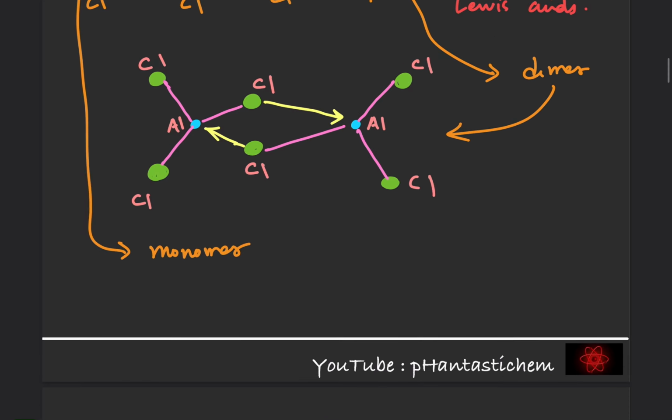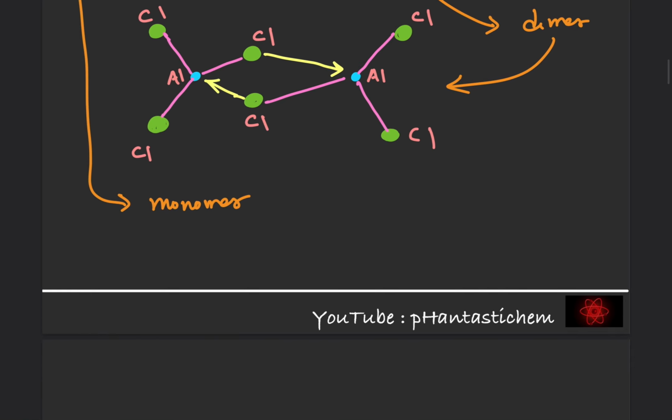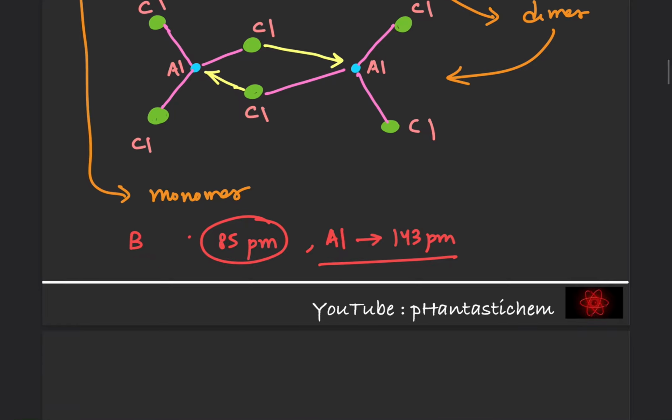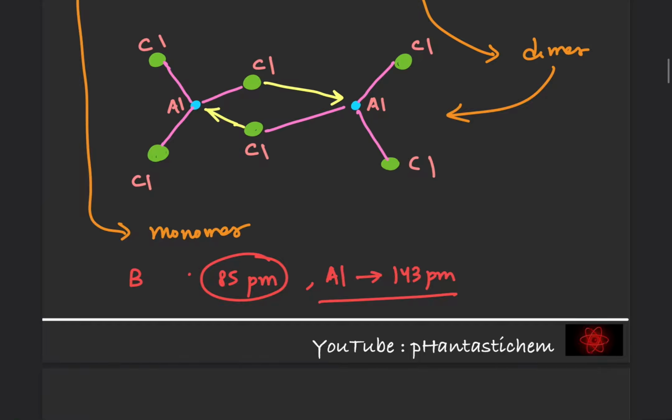Okay, the reason is boron atom is so small that its radius is 85 picometer and the radius of aluminium is 143 picometer. So you can see the difference. Okay, so the reason is boron atom is so small that it cannot accommodate 4 large sized halogen atoms around it like aluminium does.